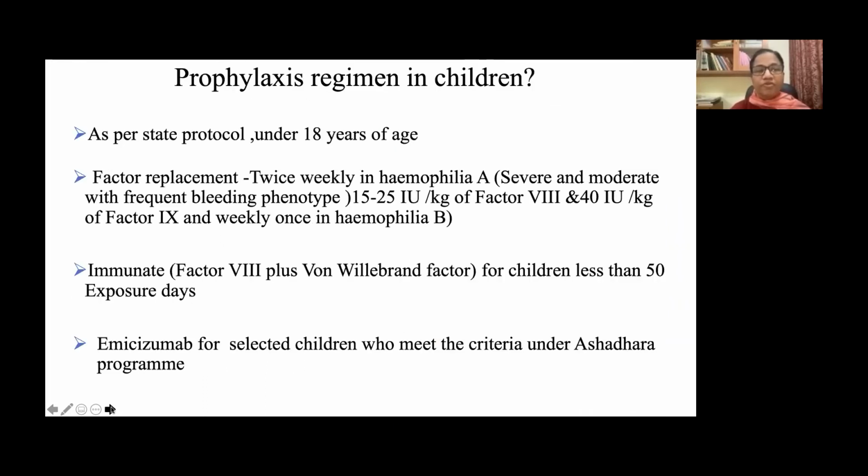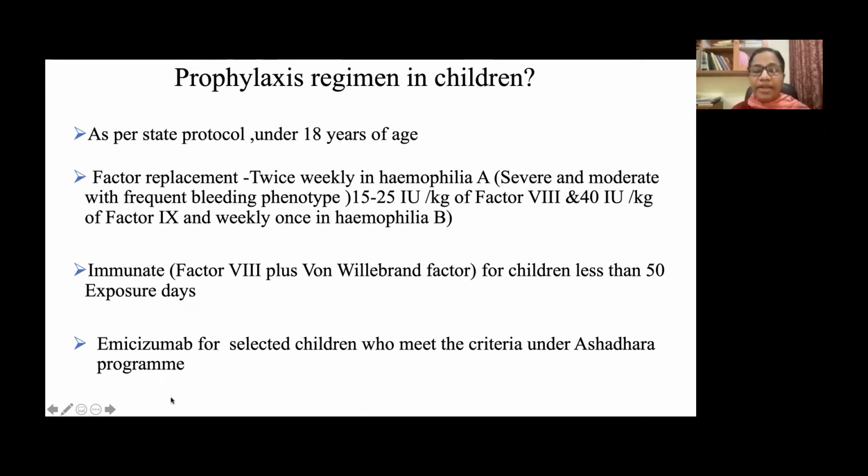Then which prophylaxis regimen do we follow? Through the Ashadhara program, we are providing, as per the state protocol, for under 18 years of age, factor replacement twice weekly in hemophilia A, as per the WFH recommendation, that is 15 to 25 international units per kg.